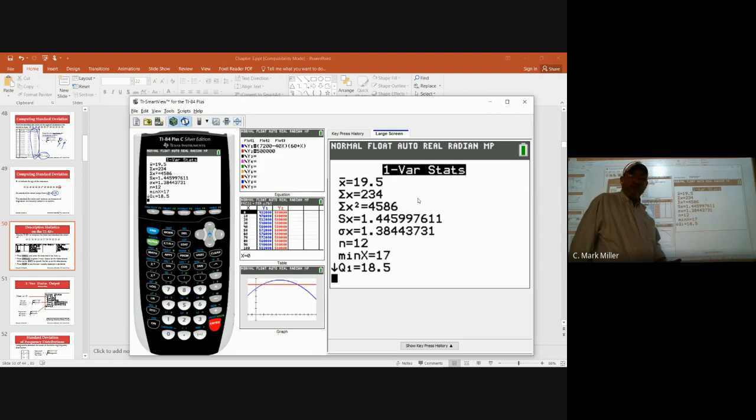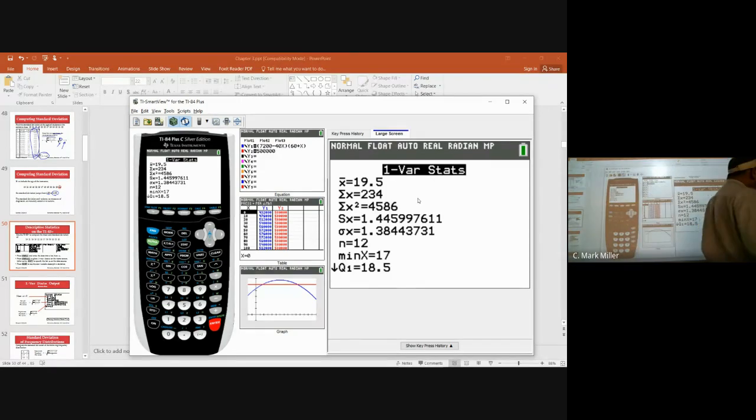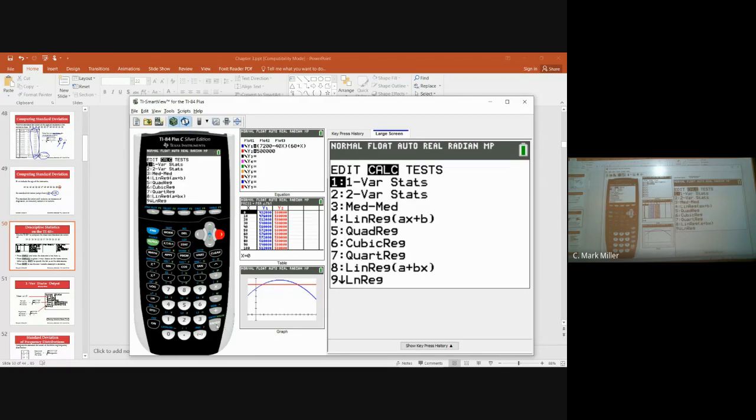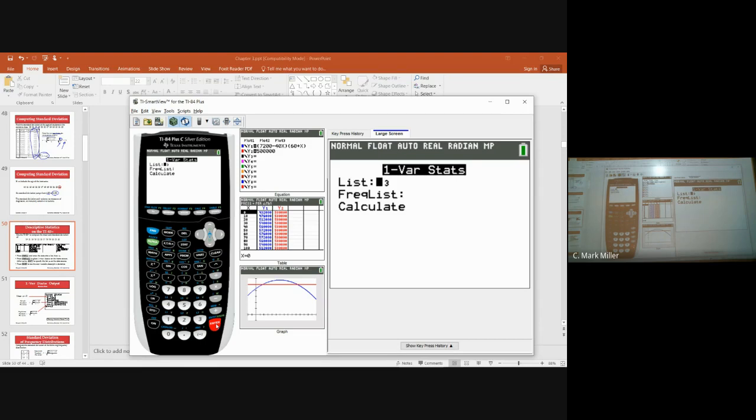Now, if you wanted to treat this as a frequency distribution, like we did before, you go stat, calc, enter, one variable stats, and instead of L3, we're going to do L1 and L2 again.